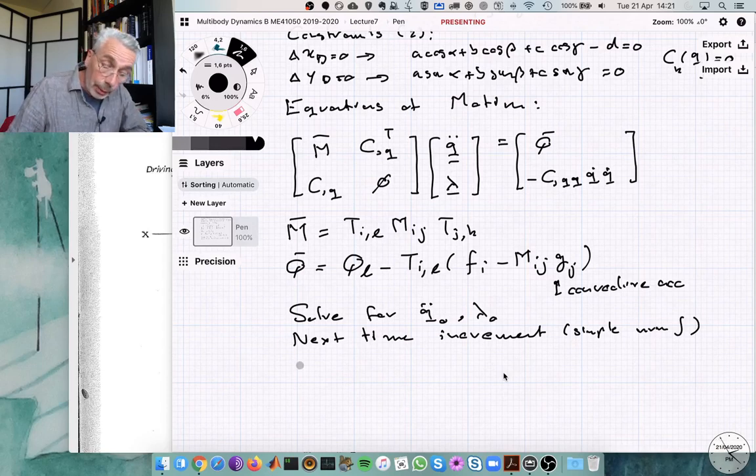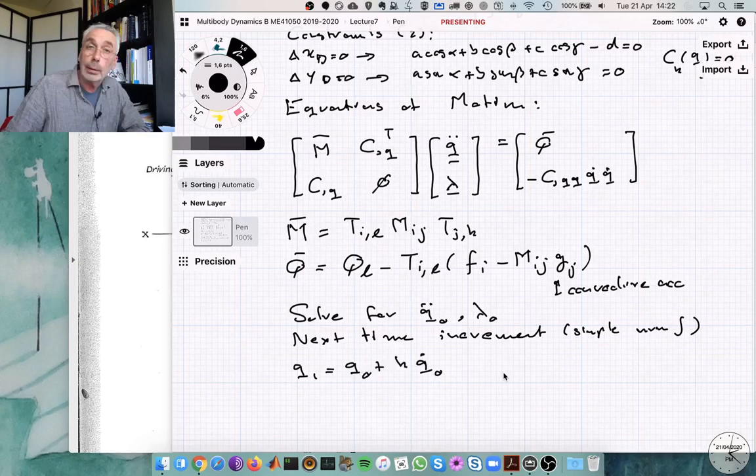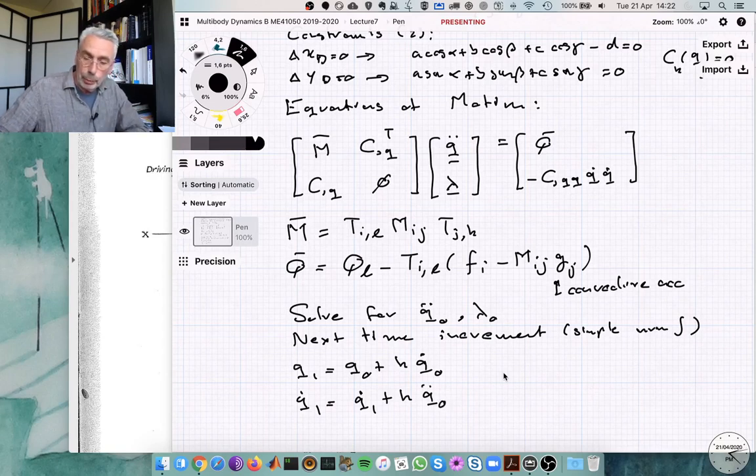Then we say, oh yeah, the new position is the old position plus h times the velocity, which is the state, and the new speed is the old speed plus h times the acceleration. So that's a pretty straightforward thing. I use an Euler step here, but it doesn't matter which type of method you use. You have some numerical integration scheme.